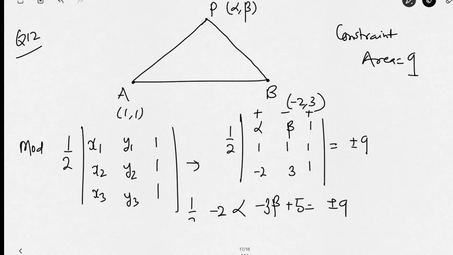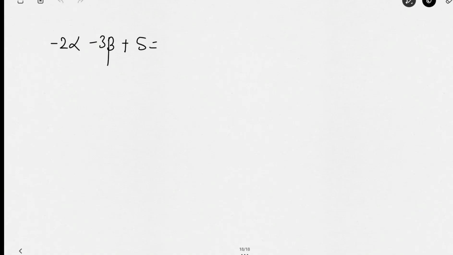Okay, 1/2 of this is plus minus 9, so this is plus minus 18, or you can say mod of this is 18.